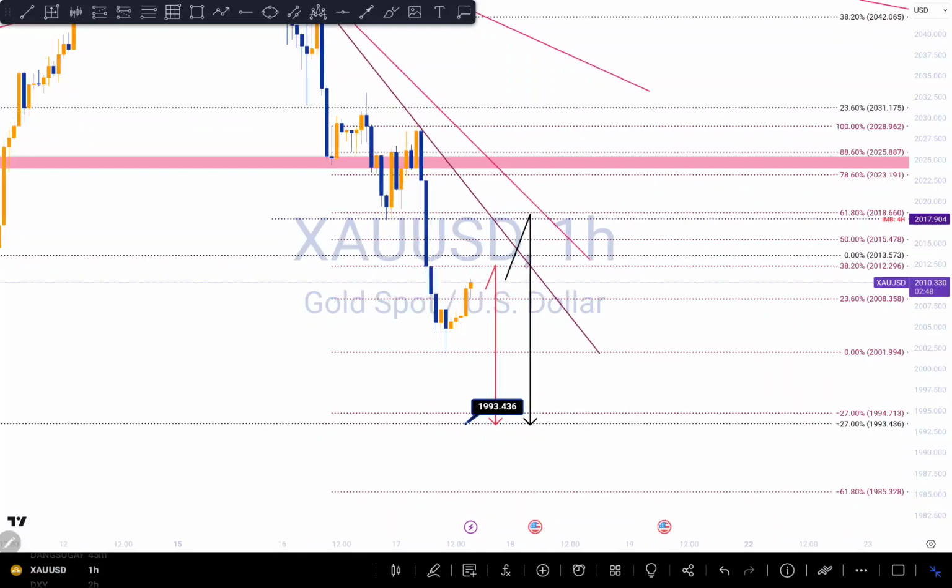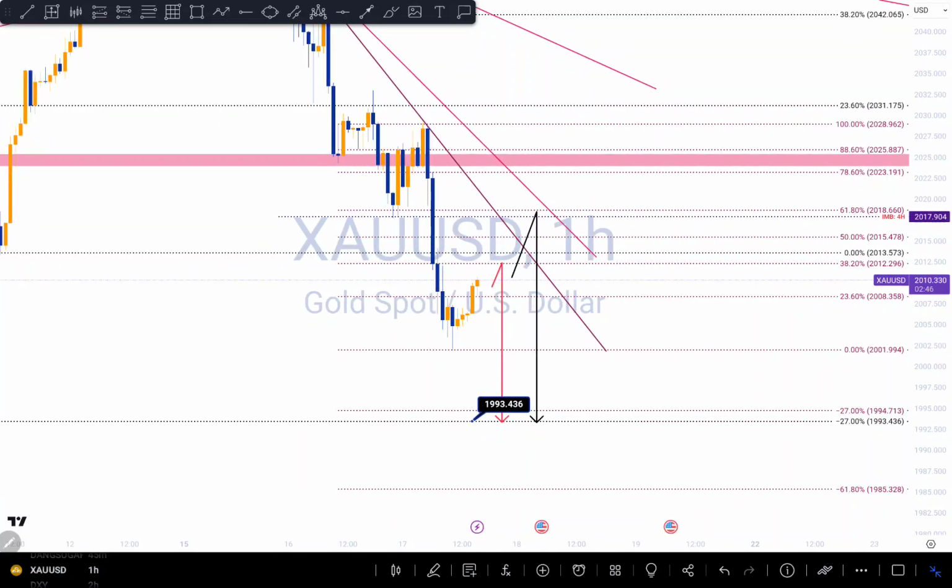Right now on gold, I am biased more of a sell rather than a buy, but we know anything can happen. Like the saying goes, we don't predict the market, we react to the market. So this is my prediction right now based on the current price action we are in on gold. But as time goes on, if anything changes, I'm just going to reanalyze based on that current price action.